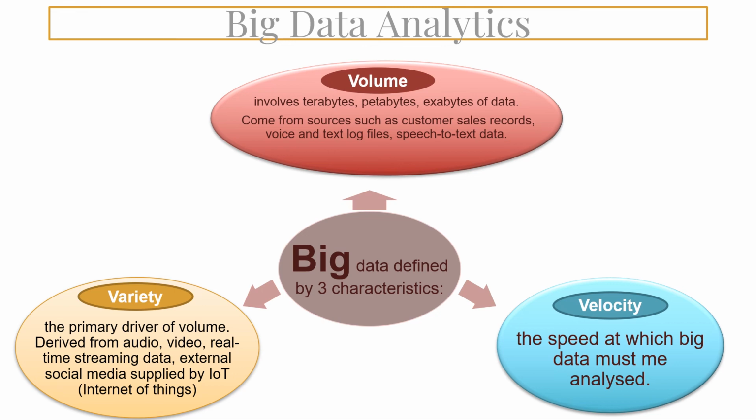Variety: the primary driver of volume derives from audio, video, real-time streaming data, and external social media supplied by the Internet of Things. The Internet of Things, by the way, is one of the revolutions in the digital sector or industry.